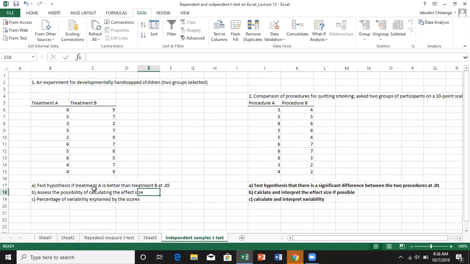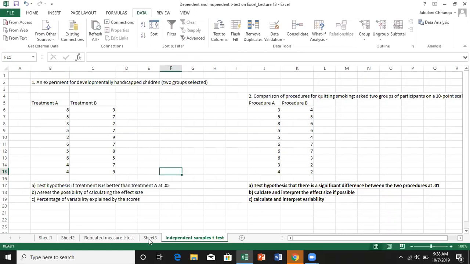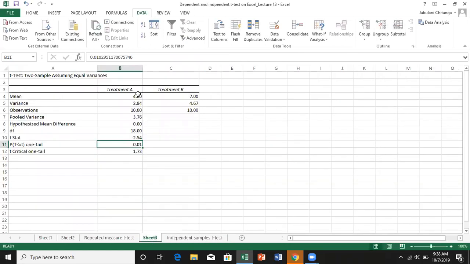No, so I want to write treatment B here. So treatment B is better than treatment A. Let me correct it for you again. Treatment B is better than treatment A.